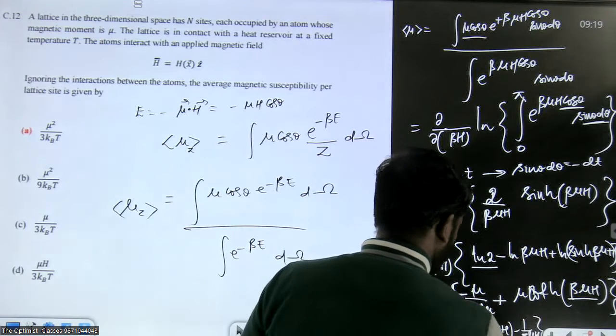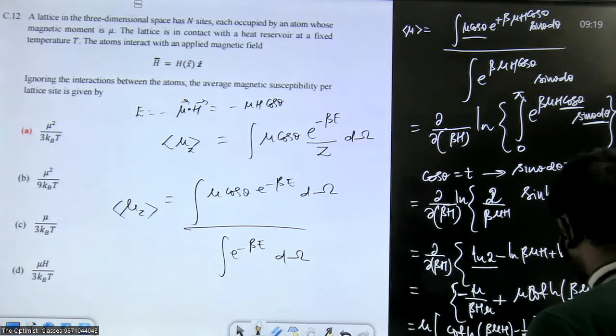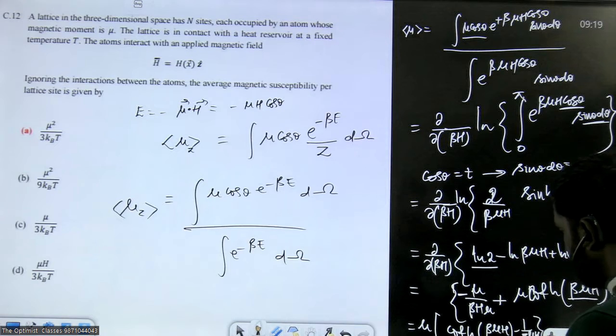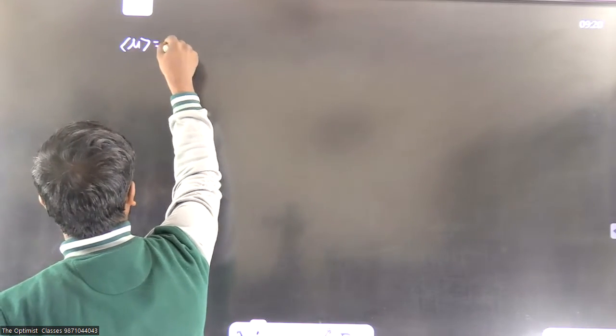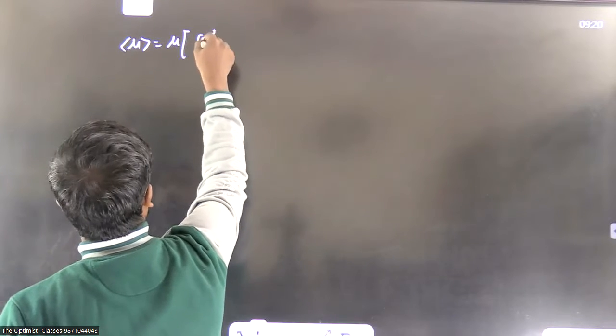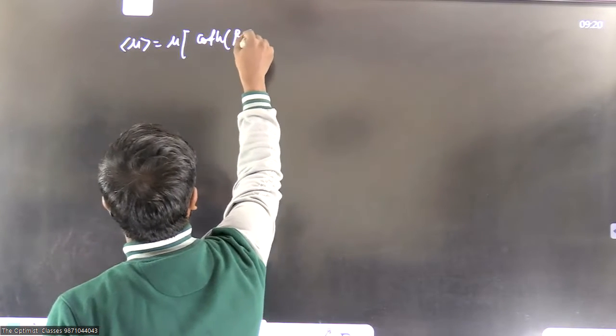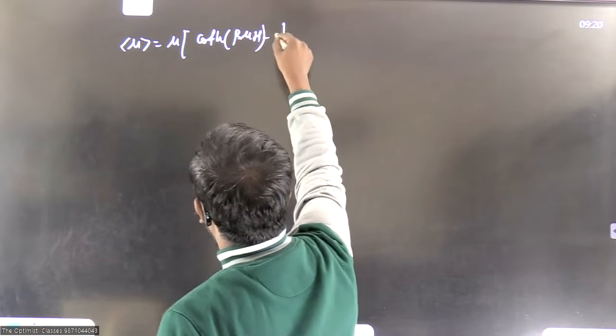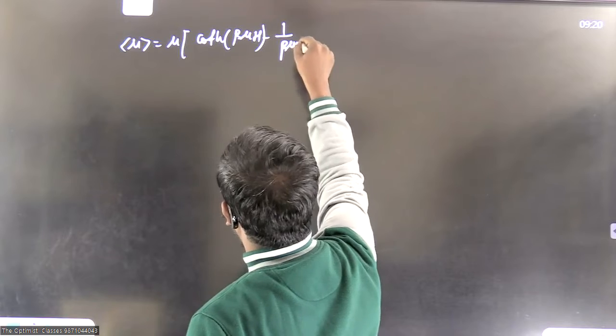This is a very well known Langevin function. So the expectation value of the magnetic moment is mu times cot hyperbolic beta mu h minus 1 by beta mu h.